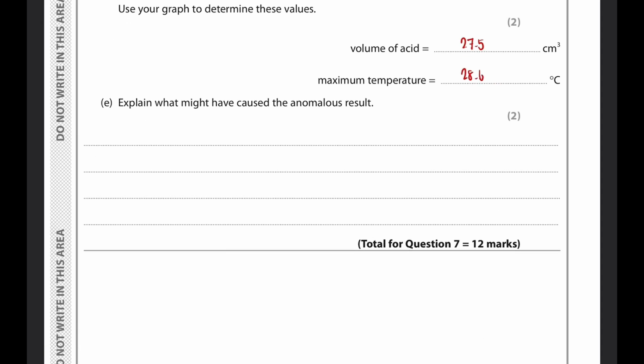Then explain what might have caused the anomalous result.